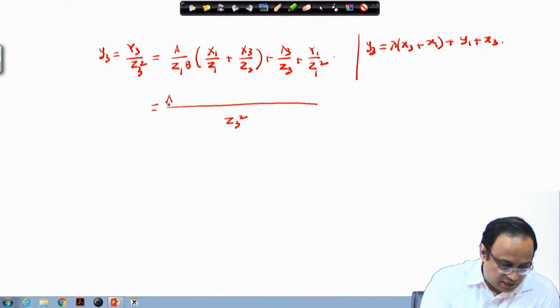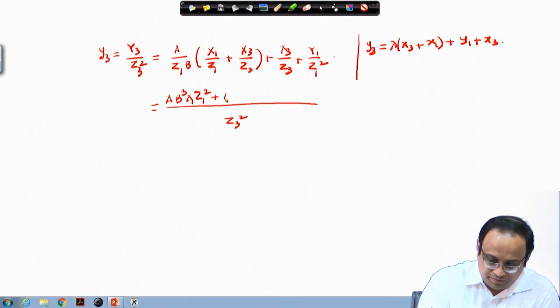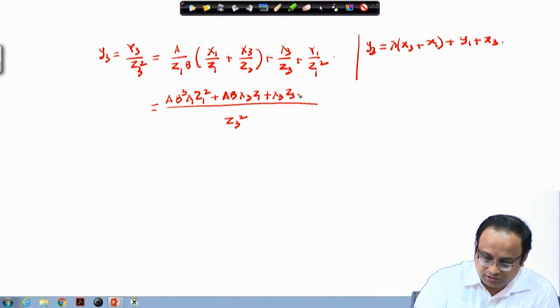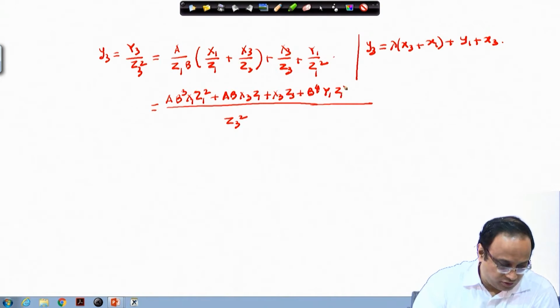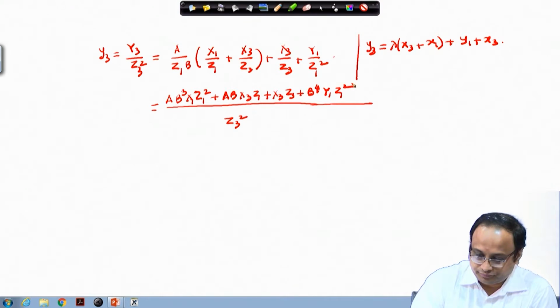Writing this as AB cube X1 Z1 square plus AB X3 Z1 plus X3 Z3 plus b to the power of 4 Y1 Z1 square. Okay.